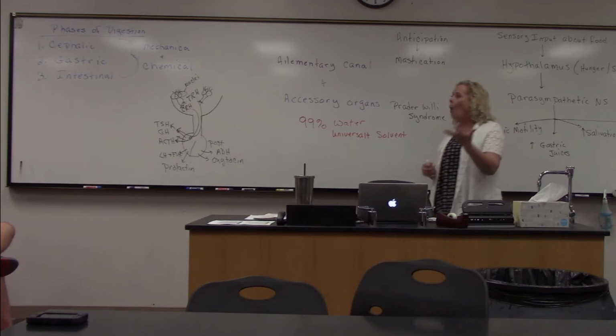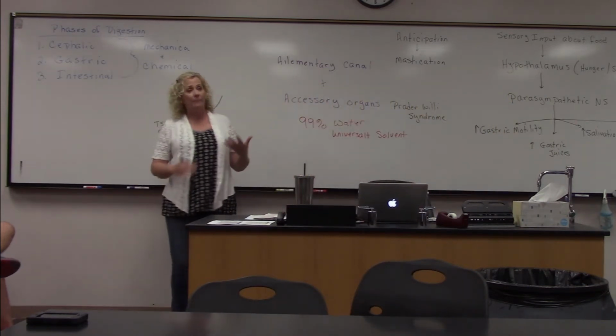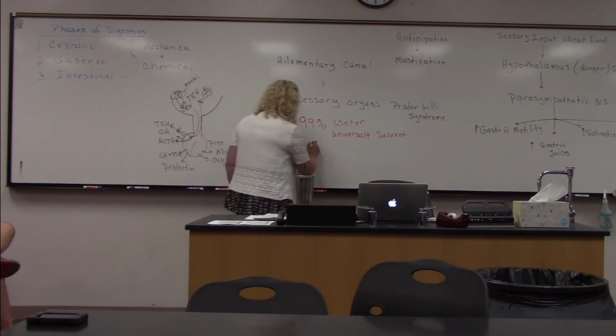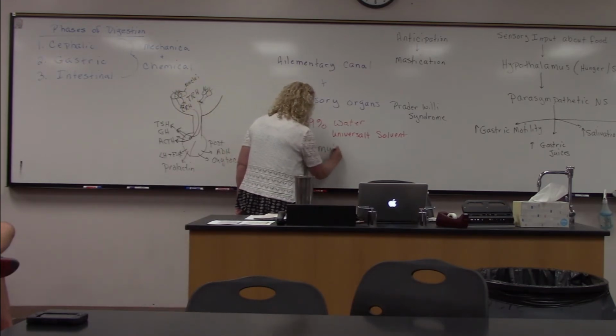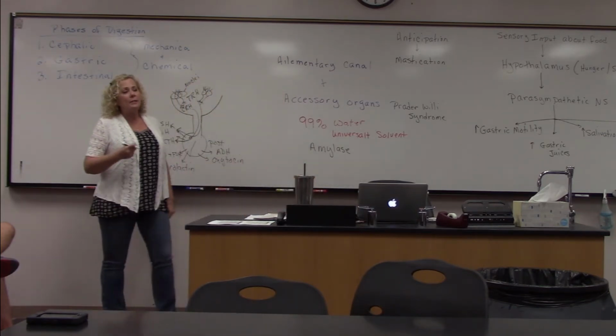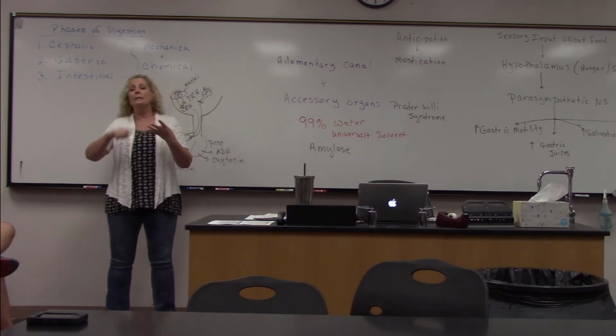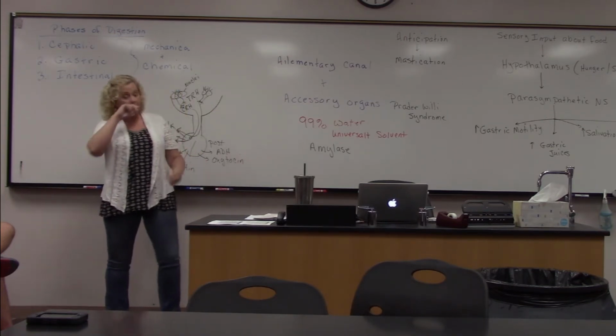So we have water mostly making up our saliva, but we also have a very important enzyme in the saliva for digestion, and this enzyme is called amylase. Now what amylase does is it helps to digest complex carbohydrates, so like breads and pastas and corn, things like that.